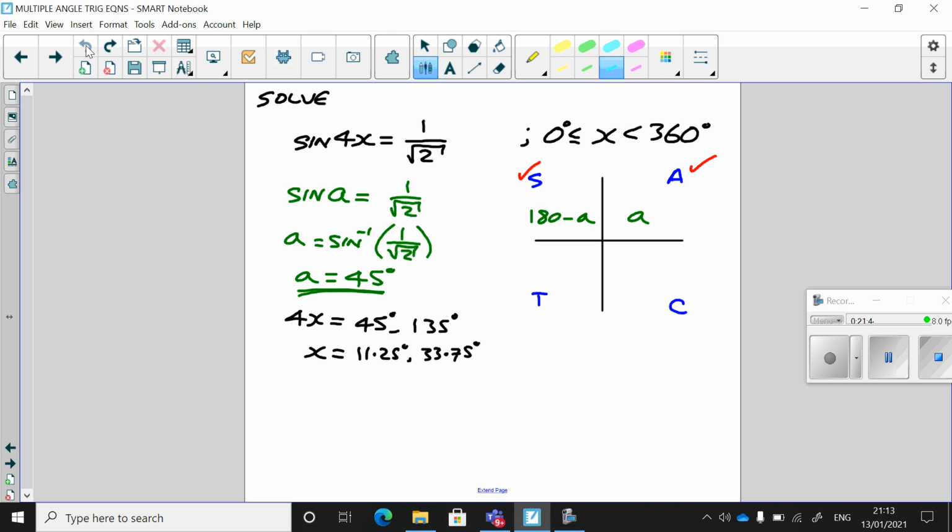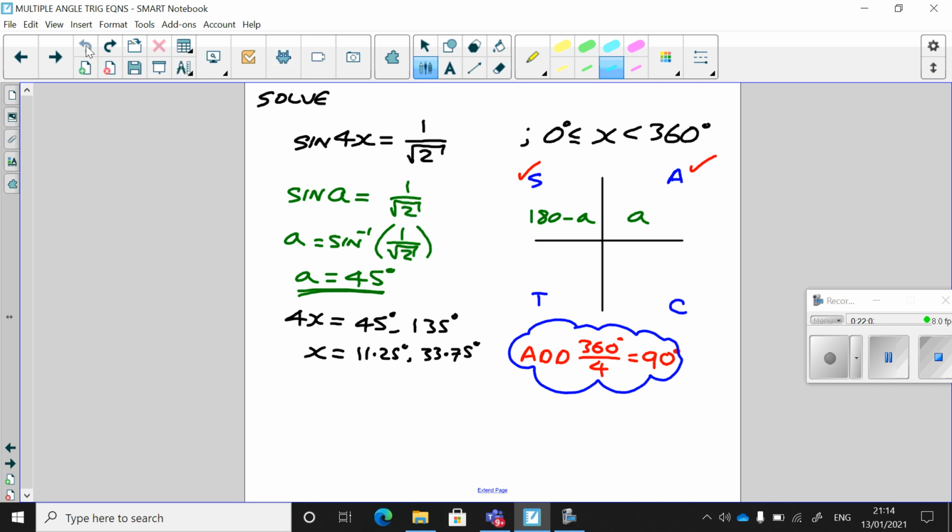Technically, here is a wavelength of sine 4x. So if I take 360 and divide by the number in front of x, so sine 4x, 360 divided by 4 is 90.